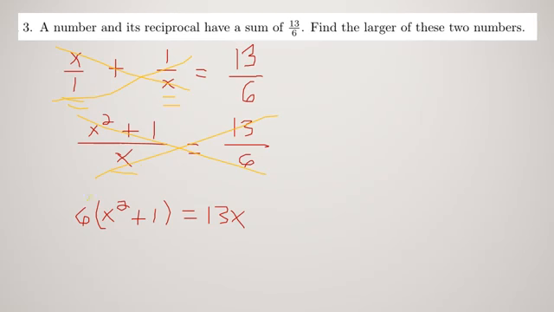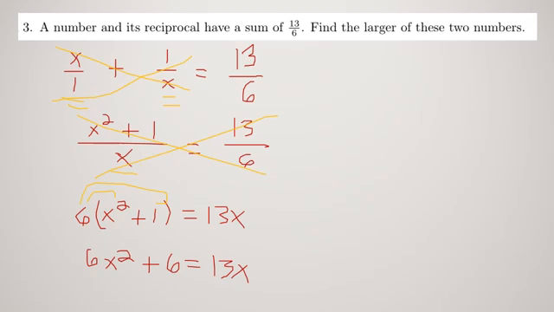Distribute ang 6. So, 6 times x squared, 6x squared. 6 times 1 is 6 equals 13x.